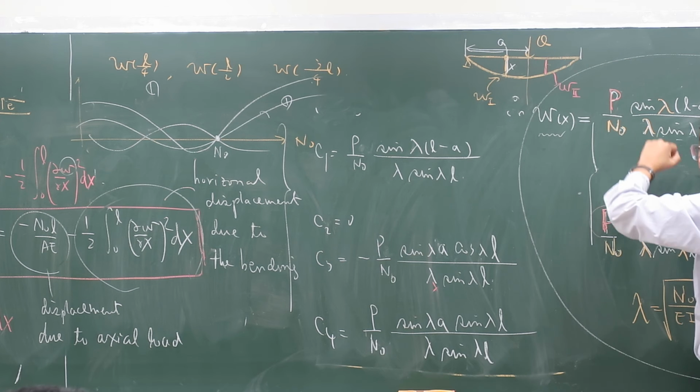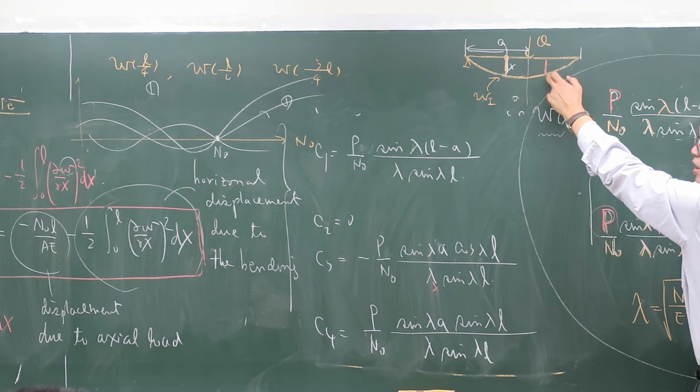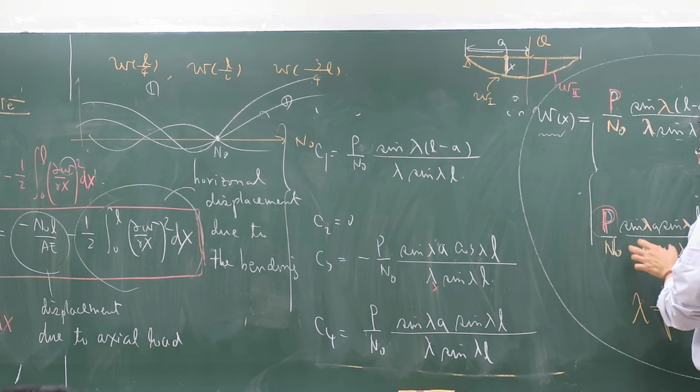So for this influence function, I should use W2. So that's why here for W2. Then for the loading larger than X, from X to L, I am on the left side of each loading. Okay?